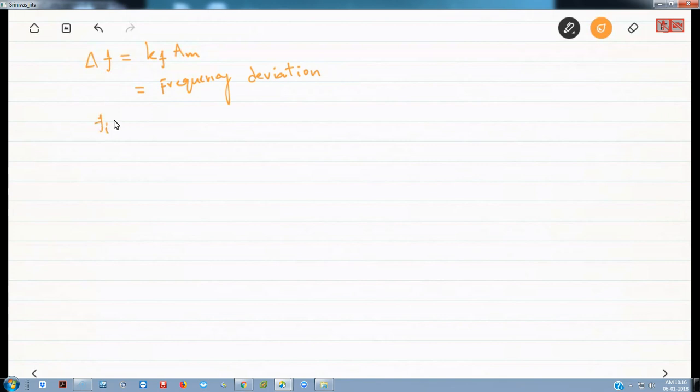And as you can see, your instantaneous frequency of the FM wave is f_c plus delta f into cos 2 pi f_m t, right?